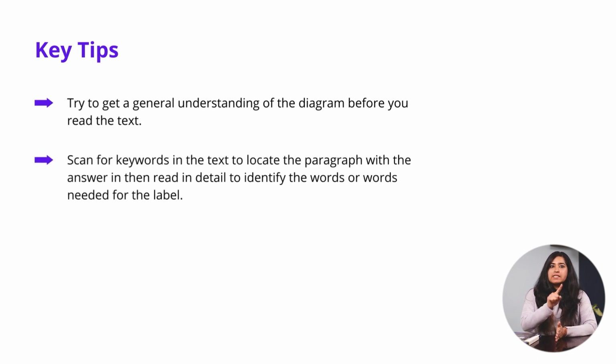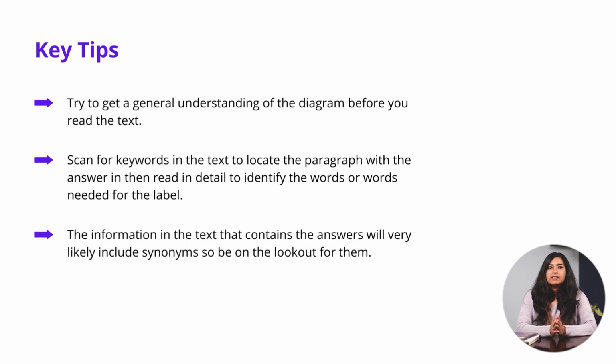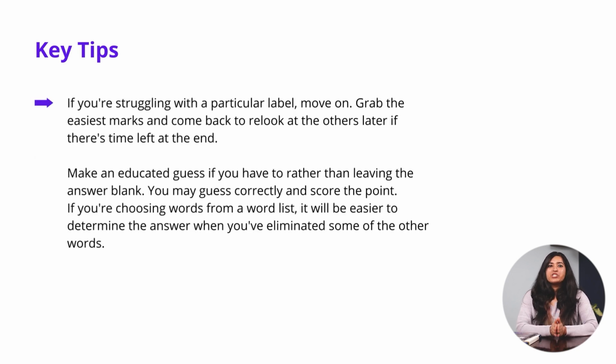Another helpful tip is to scan for keywords in the text to locate the paragraph with the answer in it. Then read in detail to identify the word or words needed for the label. Also, the information in the text that contains the answers will very likely include synonyms, so be on the lookout for them. And the final tip, if you're struggling with a particular label, move on.